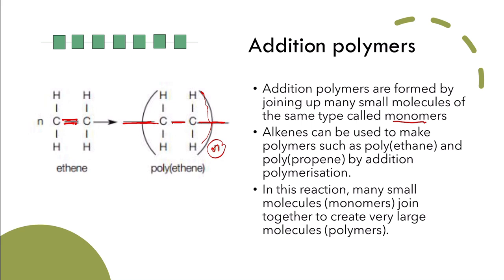So ethene will give you polyethene, propene will give you polypropene, and so on. You don't need to worry about the different substituents here. They give you in the exam whether it's hydrogen or anything else. Just focus on this double bond and then you just add the substituents, whatever they are. So if there is a CH3 here, for example, for propene, then you just need to add CH3 on that side.